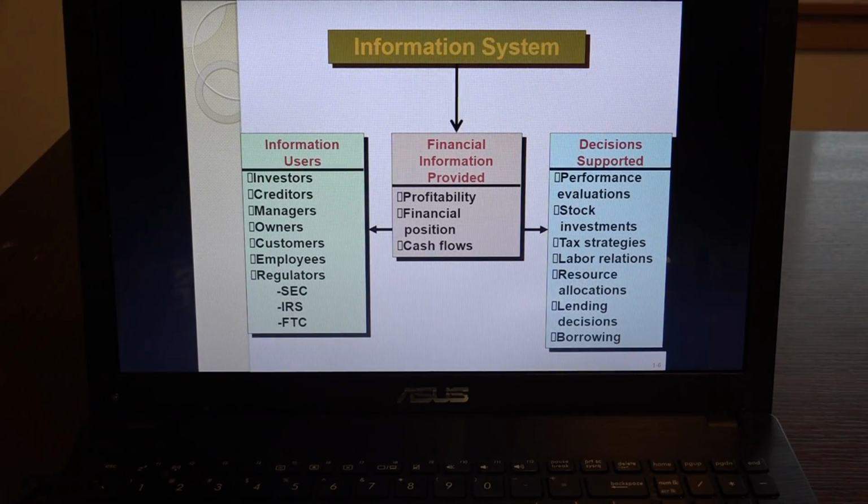It's not always the case, which is why sometimes you have to dig deeper than just the three general purpose financial statements.